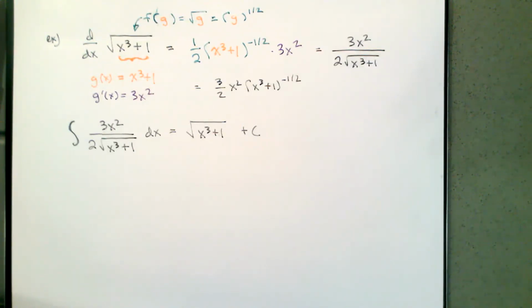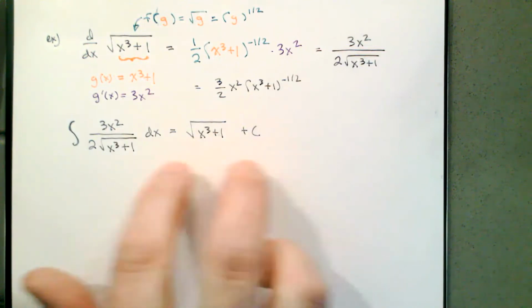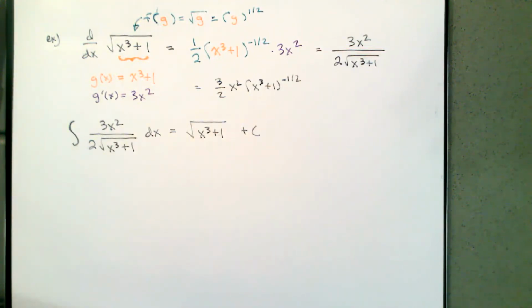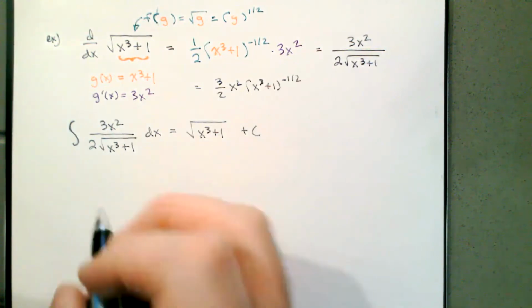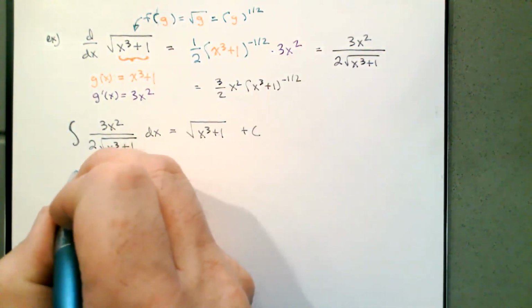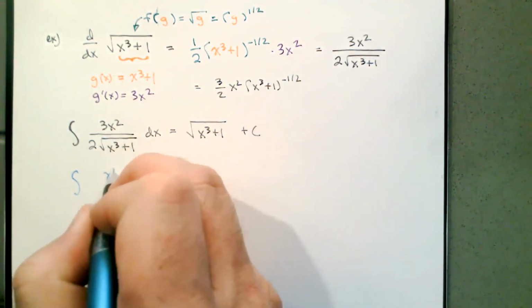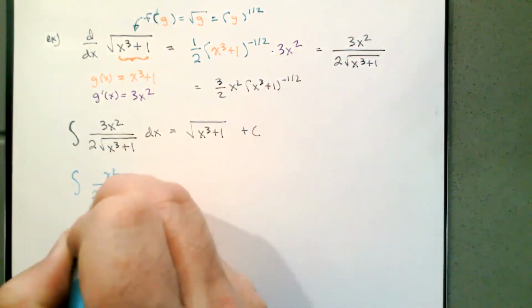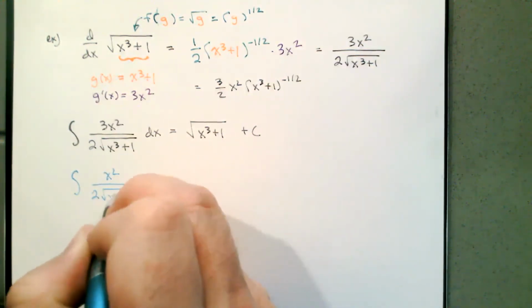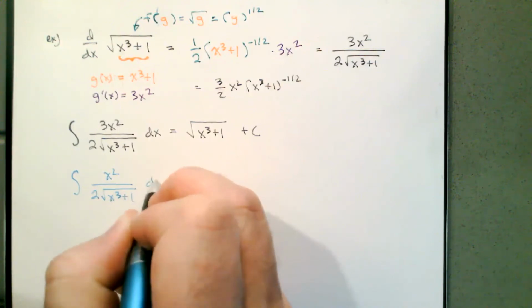We want to remember that any constant factors are just going to end up being constant factors, so we can multiply and divide by constant factors. For example, we have the integral of just x squared over 2 times the square root of x cubed plus 1 dx.